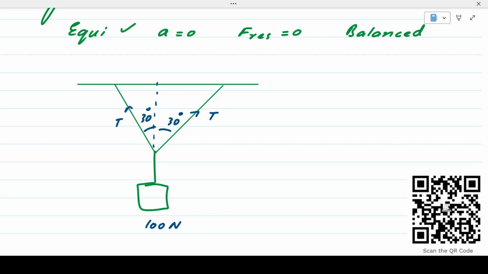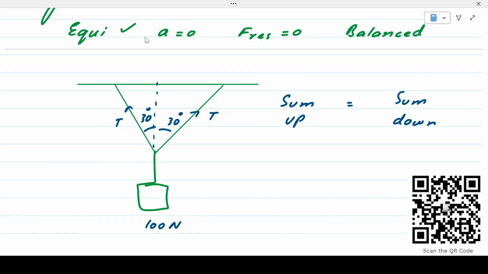The question is, find the value of T. The sum of the upward forces should be equal to the sum of the downward forces. That's it.